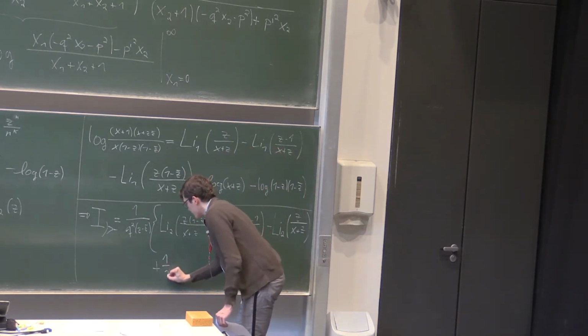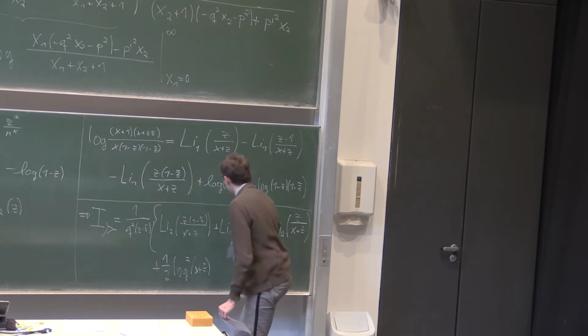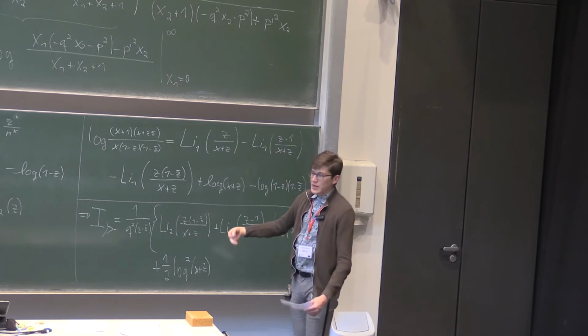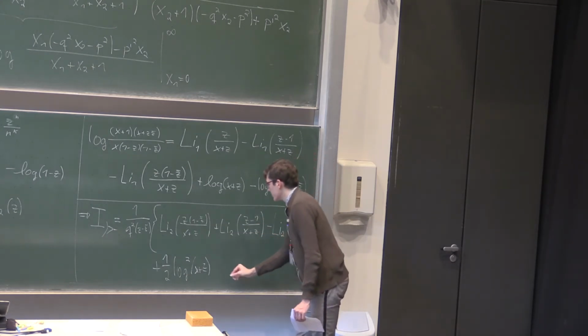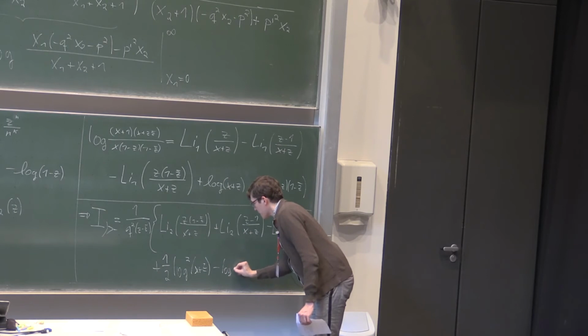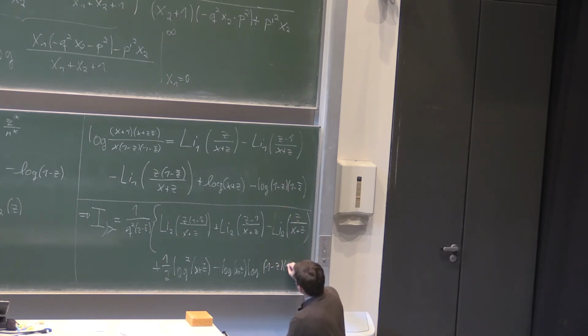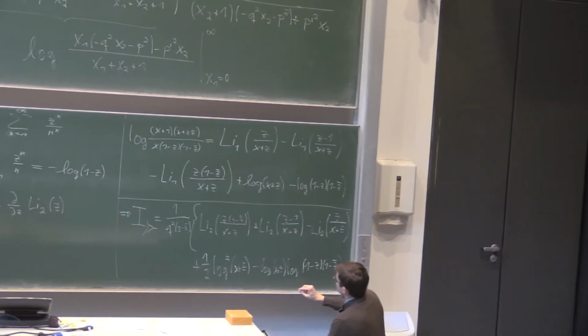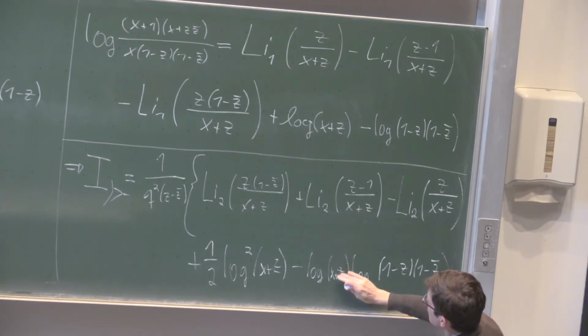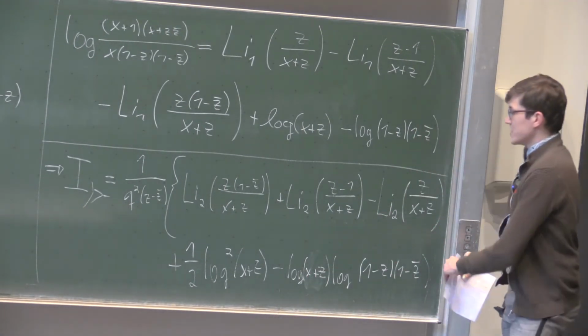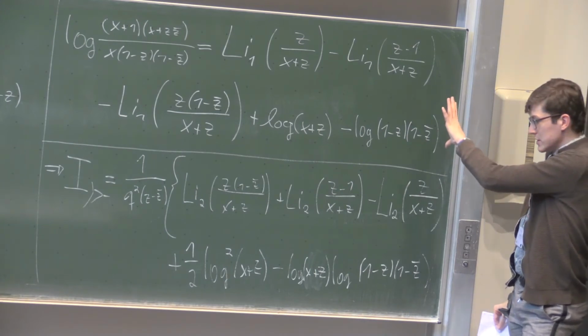So we get a half log squared of x plus z. And this is just a constant, right? So if you integrate this thing against 1 over x plus z, you just get this thing times the logarithm. So we have minus log of x plus z times log of 1 minus z bar. So this is just the primitive of this.